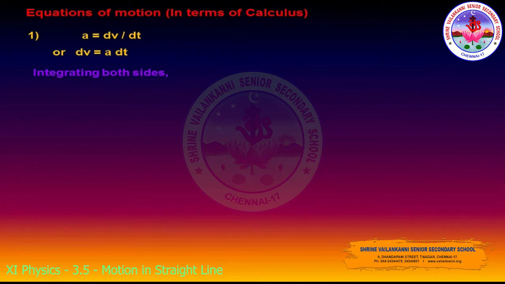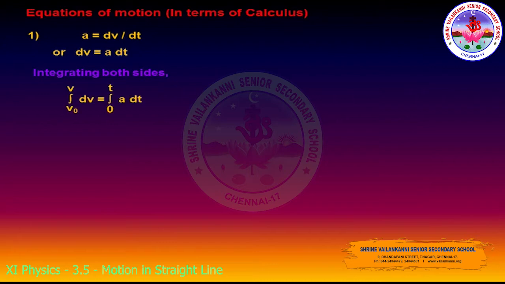Change in velocity by time interval. So d by dt of v, differentiating one variable with respect to another. We are differentiating the velocity by the time. So dv by dt. Or we can say dv is equal to a dt, right?